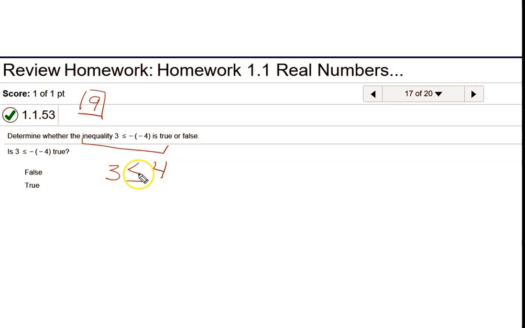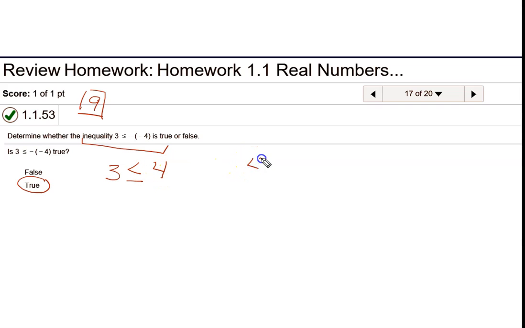Now, is that true or false? Well, we said that if in this inequality symbol, if part of it is true, then this is true. And 3 is less than 4.